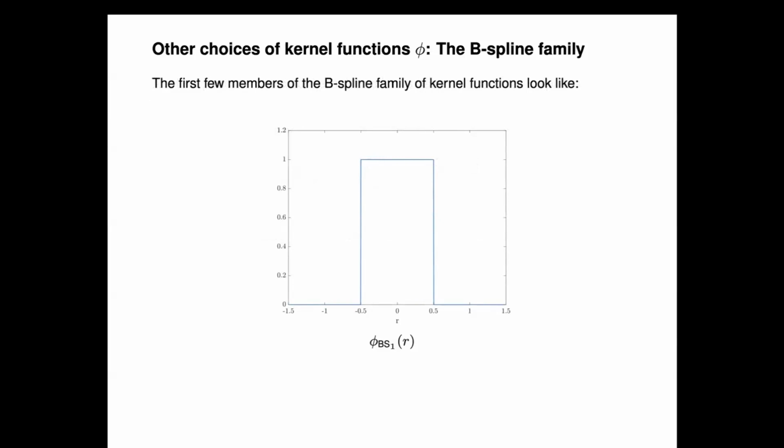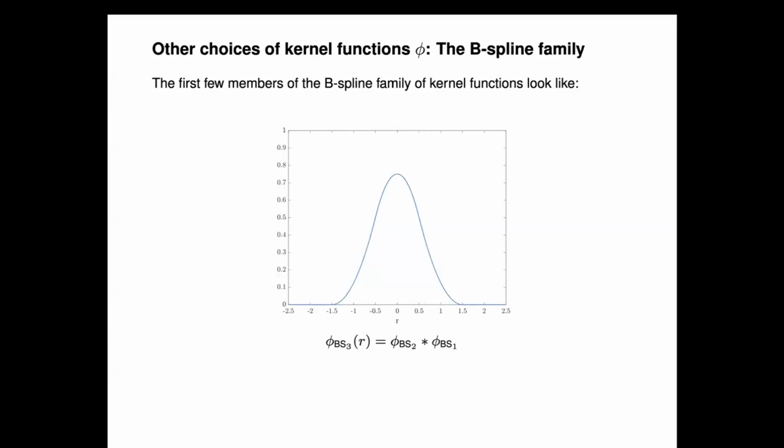So this is the window function. This is where you start. If you convolve the window function with itself, you get the well-known hat function, piecewise linear. Every time you do this, you get one higher polynomial order. So the 3-point B-spline kernel, you convolve the 2-point kernel with the 1-point kernel.